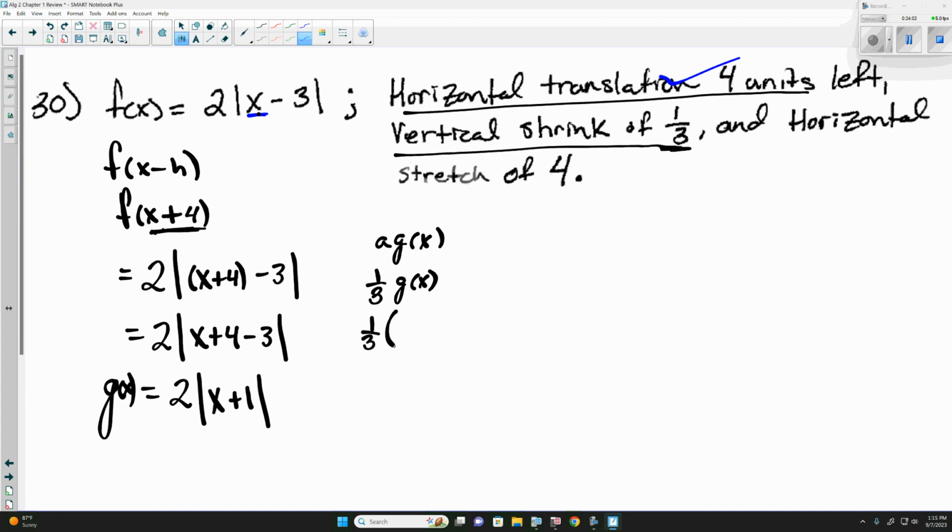Now because we still have g of x, we don't have g of x plus 4, we just have x inside the parentheses, we can replace g of x with its function: 2 times the absolute value of x plus 1. Now at this point, we're going to distribute the 1/3. There's only one thing to multiply it by, which is the 2. And 1/3 times 2 is 2/3.